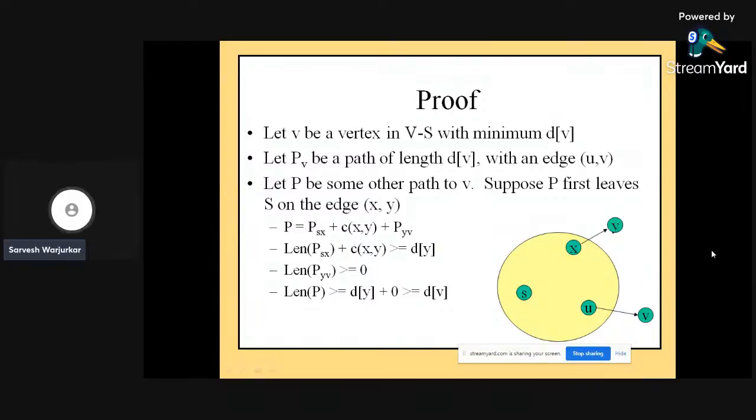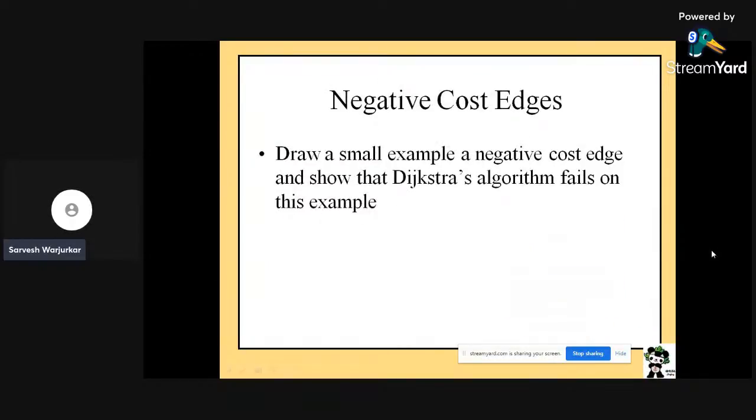Then p is s to x plus c_xy plus p from y to v, which can also be part of that. And if you are using length or weight, where len stands for length, you can replace len by weight, that is wt or w. You will definitely get the perfect answer for this Dijkstra's.